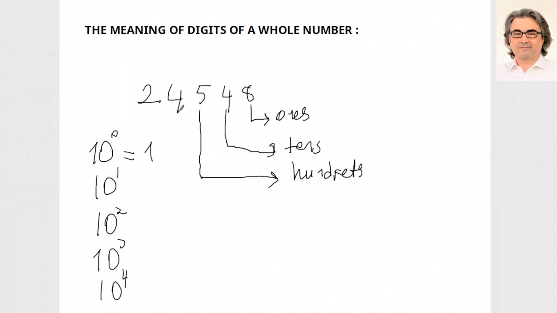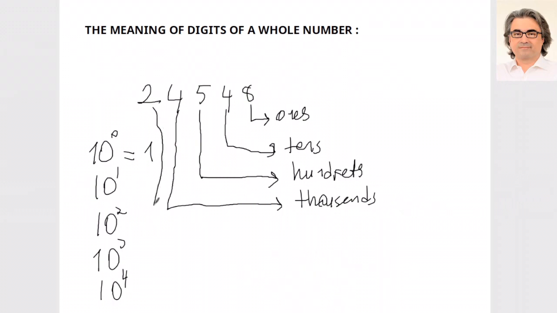What about the meaning of this place? And the number 4 here represents the number of thousands. And what about the last digit? 2. 2 represents the number of 10,000s.